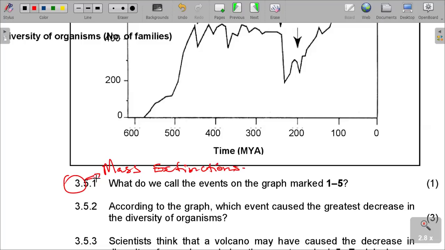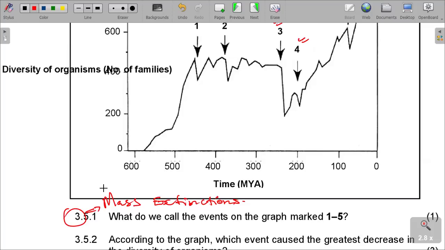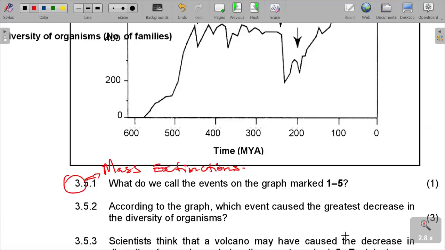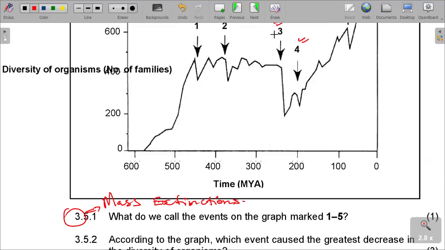According to the graph, which event caused the greatest decrease in the diversity of organisms? We can see others were decreasing, but if you look at event 3, it was from something like 400, and then it went down to something like 180.